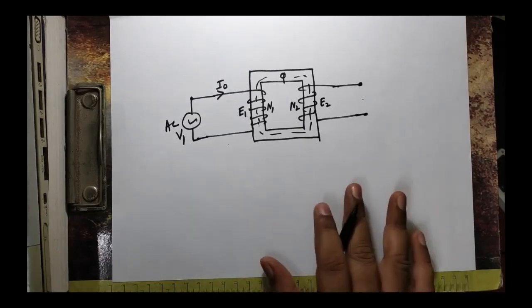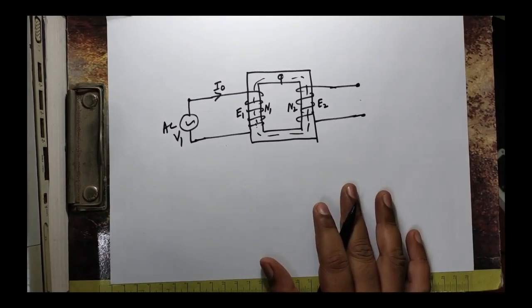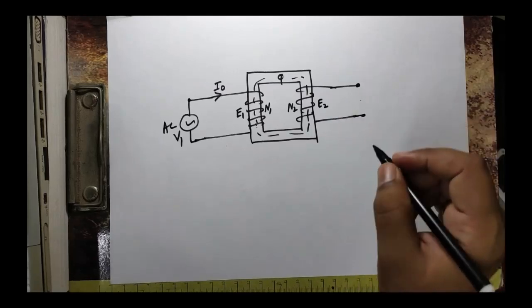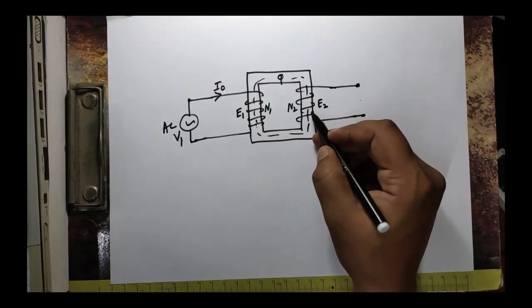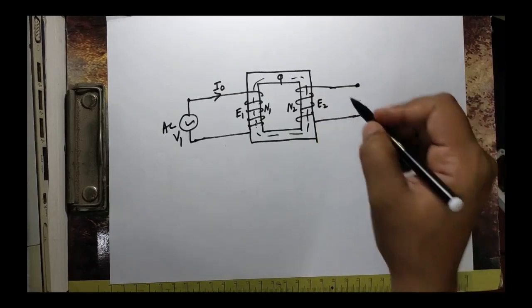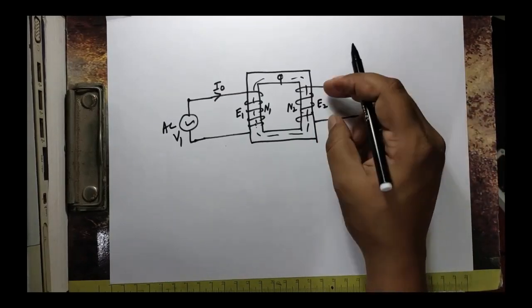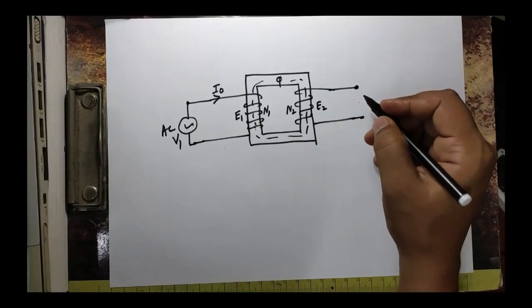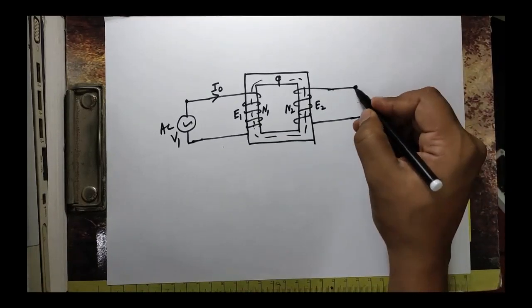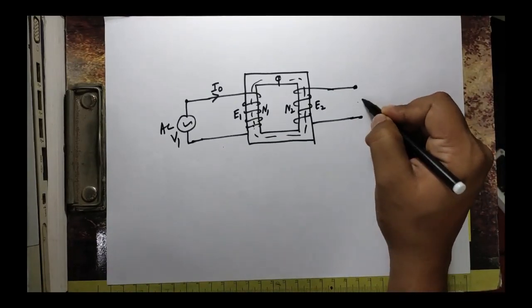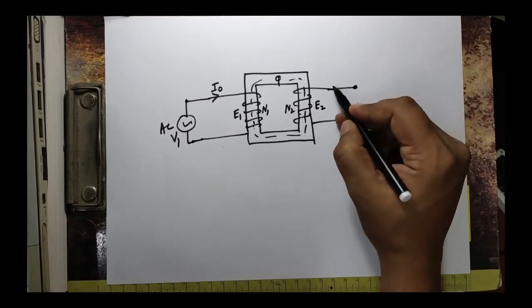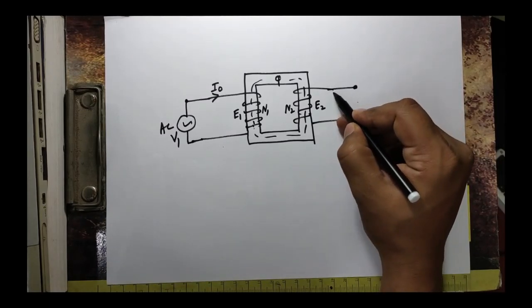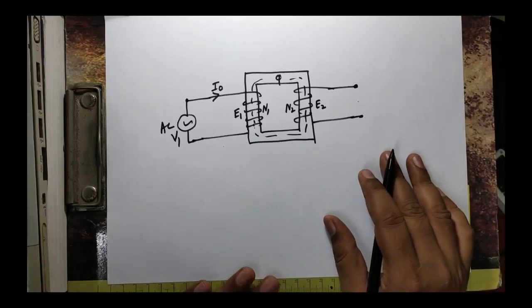Now what will happen if I load it? Okay, so see, here in the secondary, you can see that the voltage has been developed across this, right? This E2, but since it is open circuited, that is at no load, there is no current flowing in this secondary coil.